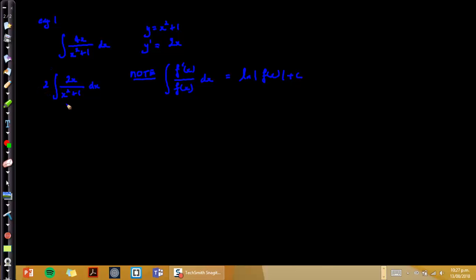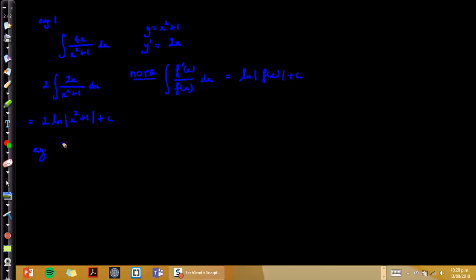So that's the situation we've now got. So this should equal 2 times the natural log absolute value of this bottom function plus c. Okay, let's take a look at a second example.